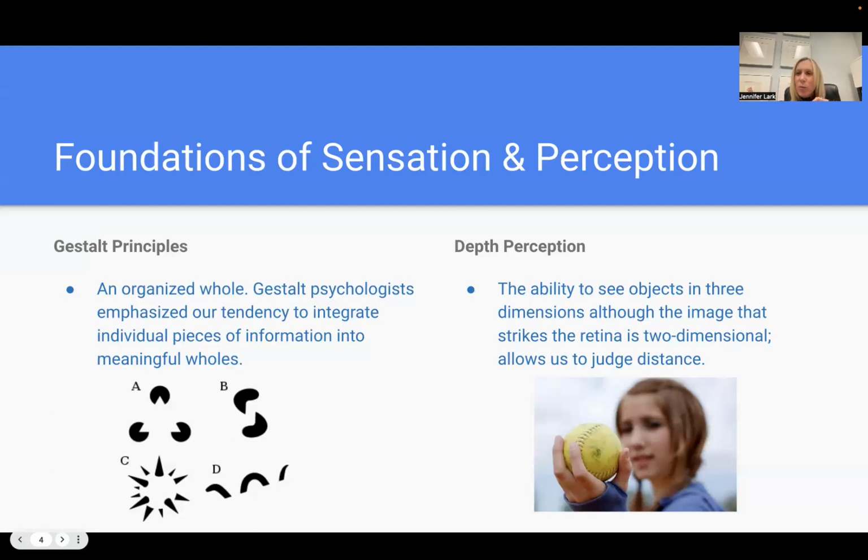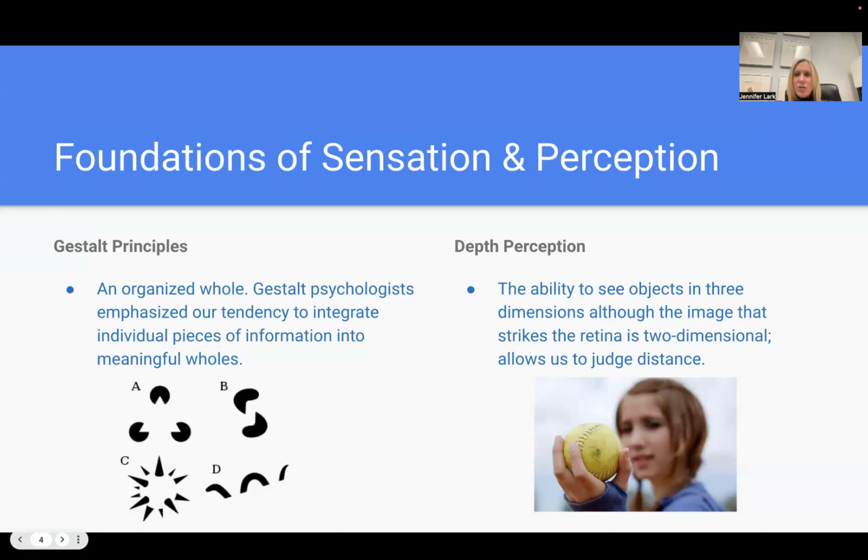Instead of interpreting it as those individual features, my brain perceives a spike ball. Gestalt psychologists are interested in how our brain makes perceptual wholes out of individual pieces of information. We'll look at that in a little more detail moving forward.